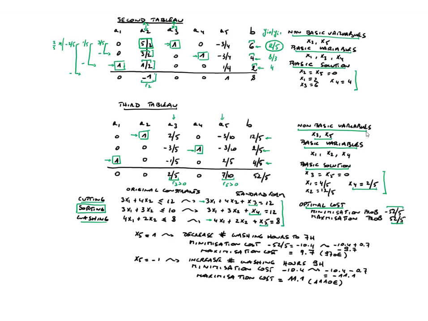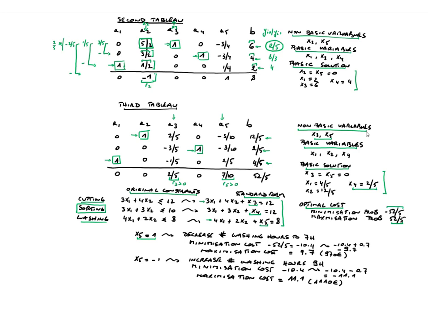If you take x5 in this case equal to 1, this will lead to a decrease in the washing hours to 7 hours. How can you see this? Here you have the original constraints, right, with inequalities, and here you have the constraints in the standard form.